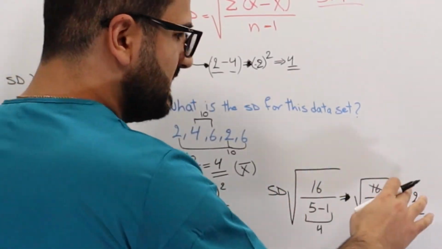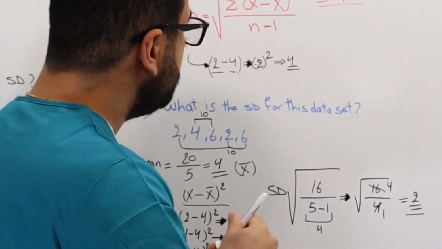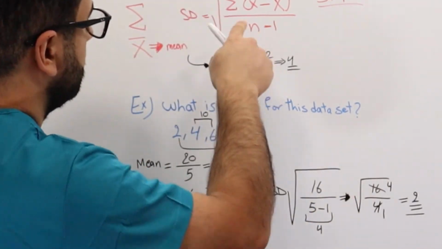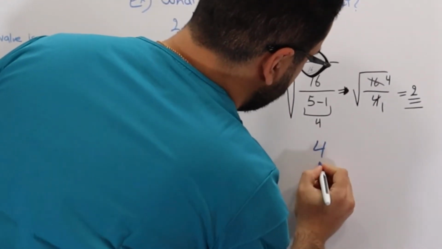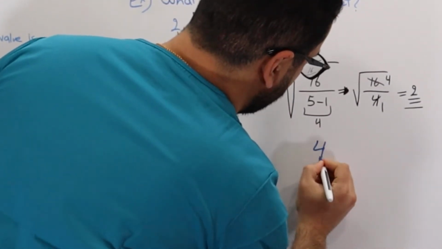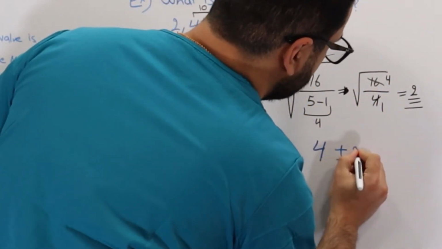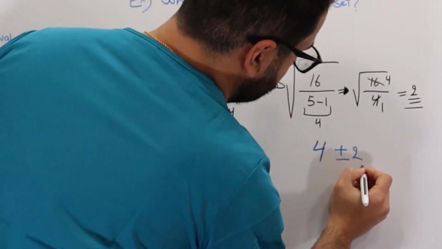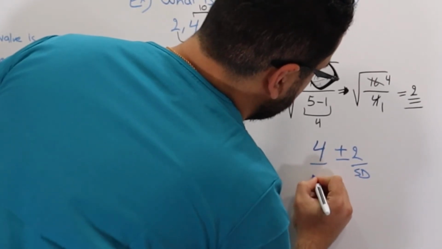So what does this mean? We have a standard deviation of 2, which means that we know the mean is basically 4, right? So this is the mean, and it's 4. Which means the mean plus minus 2, which is the standard deviation. This one here is the mean.